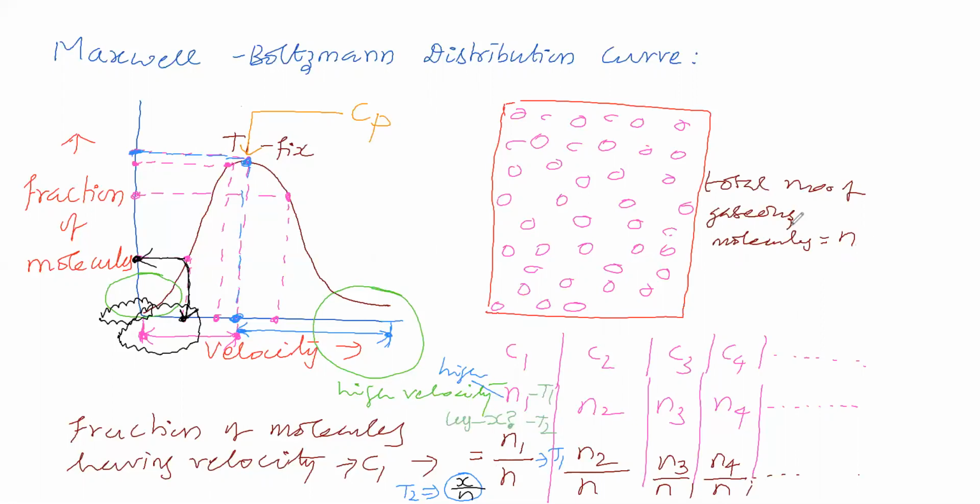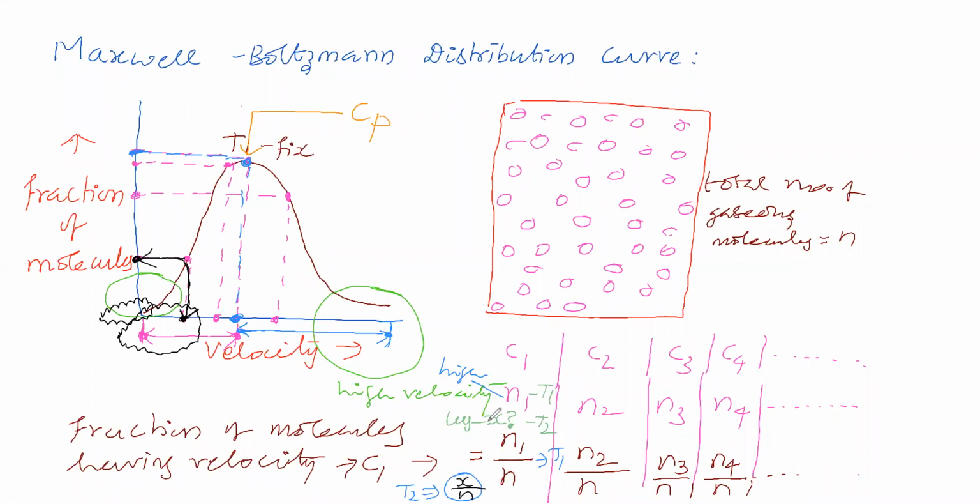It remains the same. Only if you add or remove gas does the total number change. We are changing only temperature. So the fraction is N1 by N at T1 and X by N at T2. N is the total number of gaseous molecules, which remains the same in both cases.